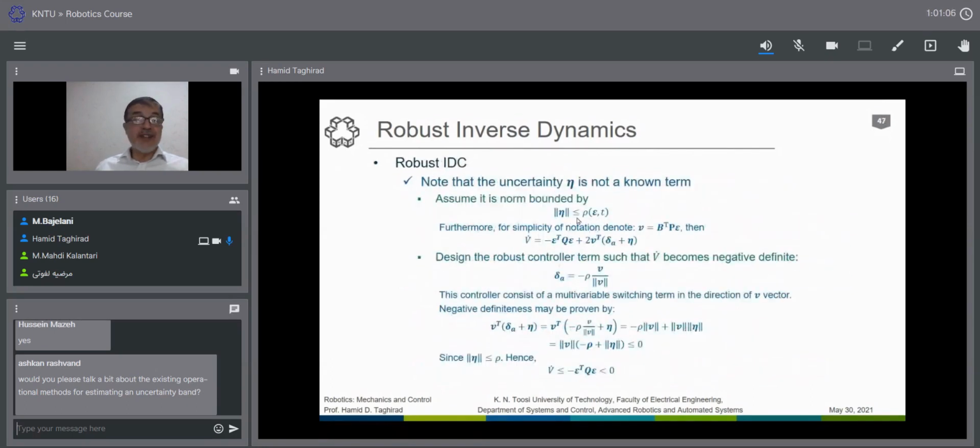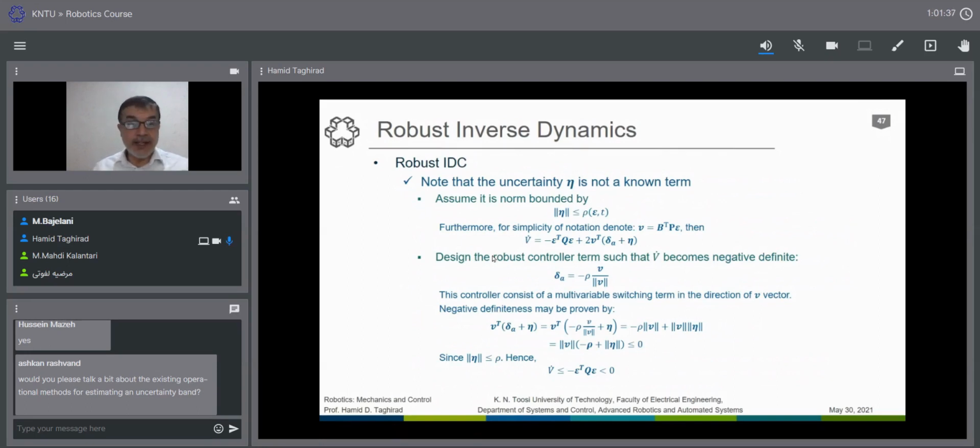We are just assuming that we don't know eta, but we know the bound of it. This assumption is much better than considering that there is no eta, or that we know exactly what eta is. That too is not a good assumption. This assumption is much better, but as I mentioned, it is also not very easy. How do we find the norm of eta?